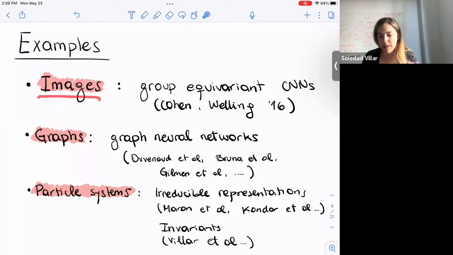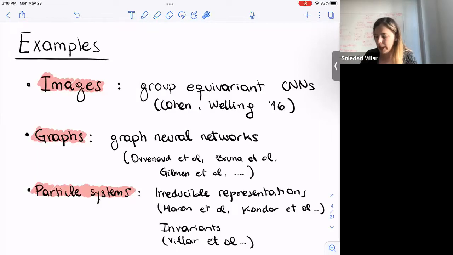If you're looking at images, then the space is images, and there are specific group actions that you would care to express in images. Graphs have different group actions, and particle systems have different group actions. So the math that you would do depends very much on what your application is.